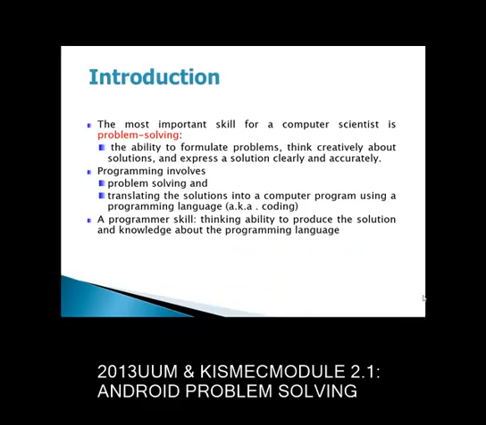The most important thing in writing software for computer scientists is problem solving: the ability to solve a problem and translate the problem into a computable program, so that similar problems can be solved using the same software or the same program.